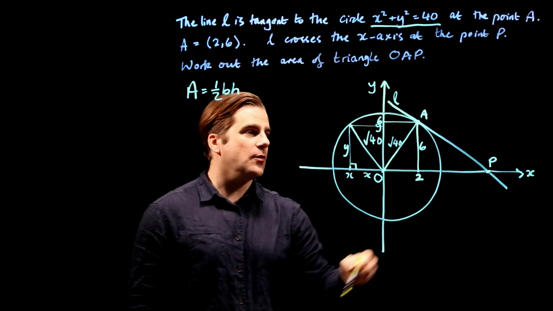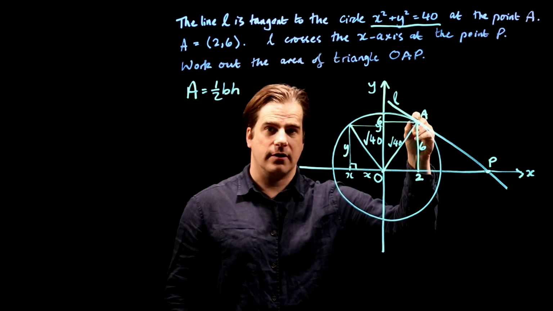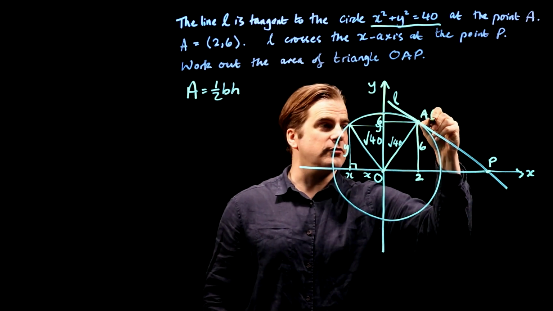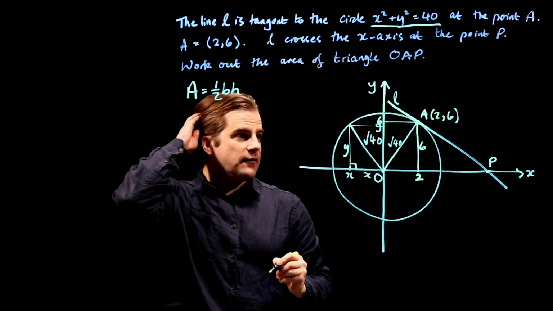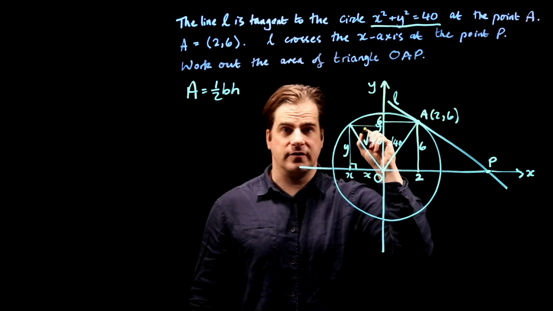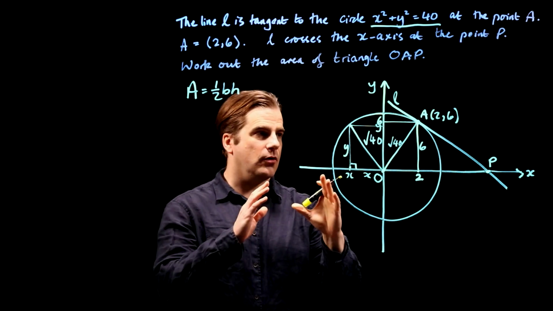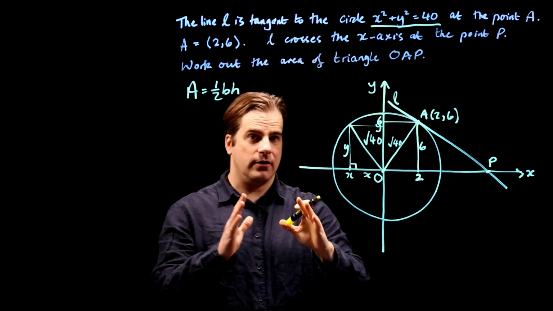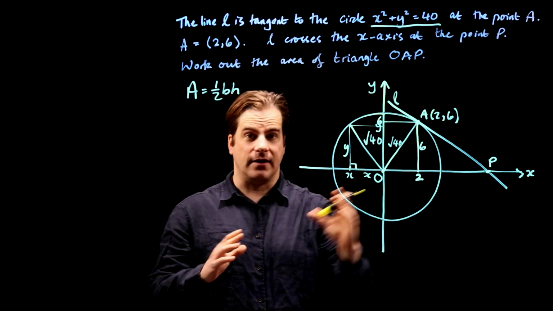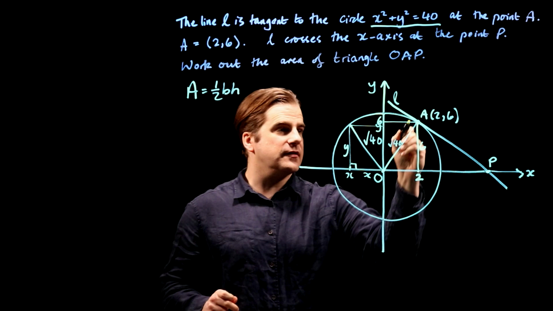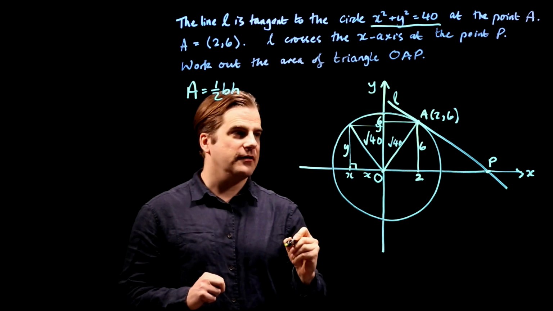Well, we know it goes through this point here, which is (2, 6). That's a very good start. If you know a line goes through a certain point, the only other thing you need is the gradient of that line, and then you've got the equation.